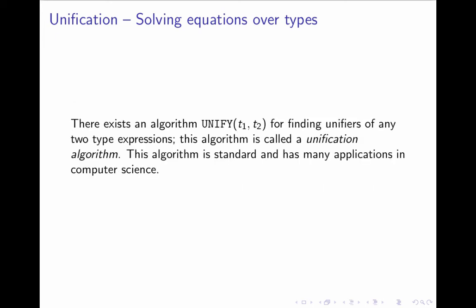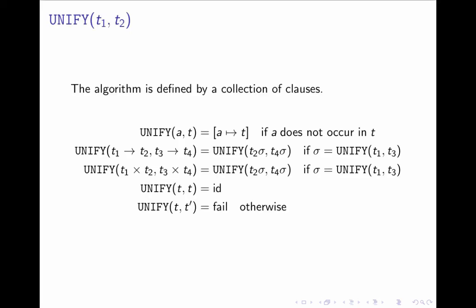There is an algorithm that will always find a unifier, and it's called a unification algorithm. This is a standard algorithm, and it's used in many areas of computer science. And here it is. It's a very simple algorithm that's defined by a collection of clauses.